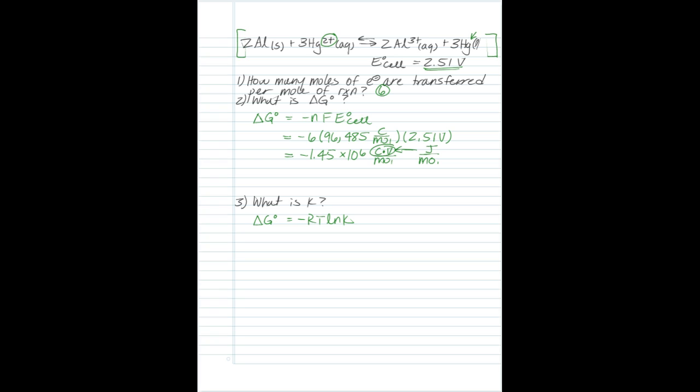We know the temperature, we're going to assume it's 25 degrees Celsius for all of these calculations. So from that, we should be able to get K, the equilibrium constant.